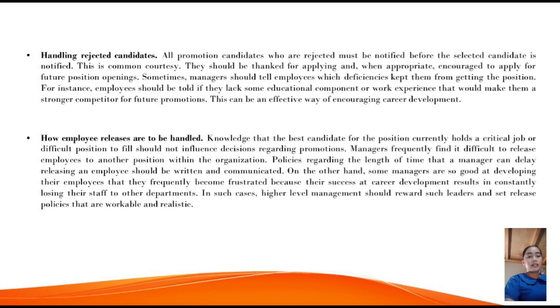So, how are employee releases to be handled? Knowledge that the best candidate for the position currently holds a critical job or a difficult position to fill should not influence decisions regarding promotions. Managers frequently find it difficult to release employees to another position within the organization. So, policies regarding the length of time that a manager can delay releasing an employee should be written and communicated.